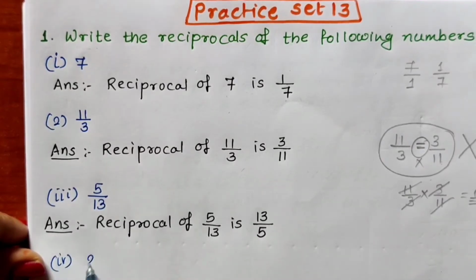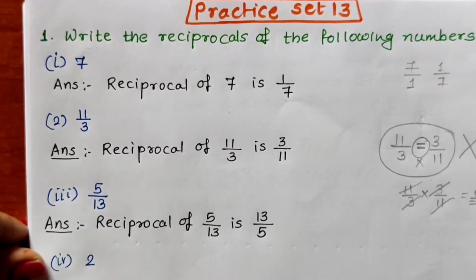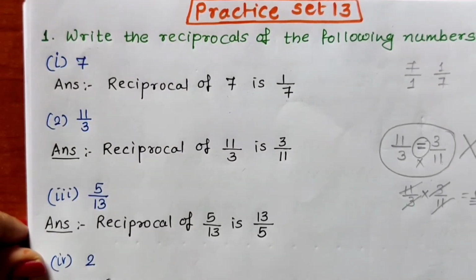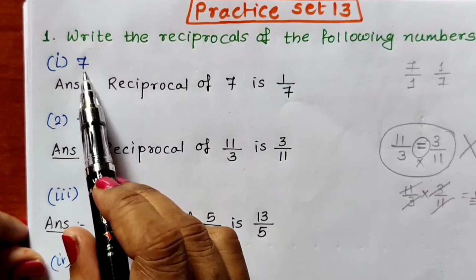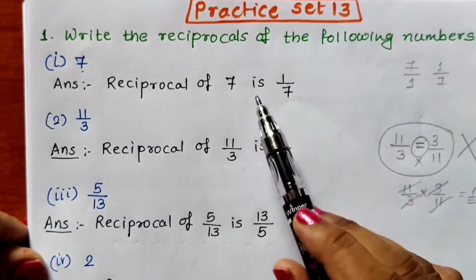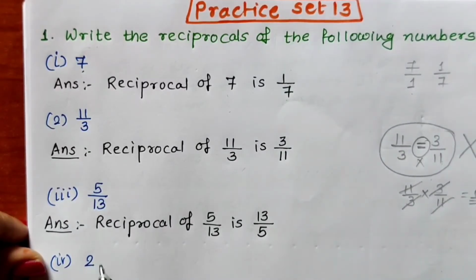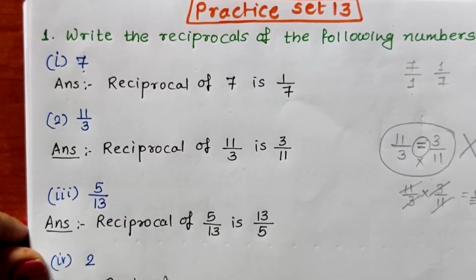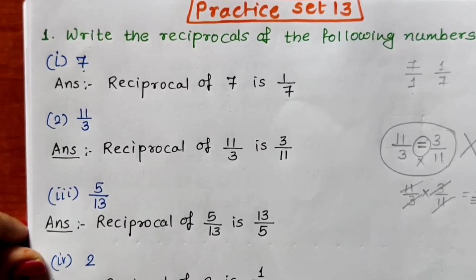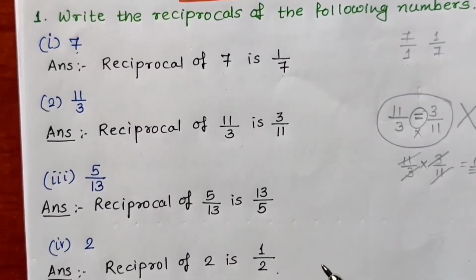The fourth number given is 2. So what will be the answer? Like here the number is 7, 7 means we have taken 7 upon 1 and its reciprocal becomes 1 upon 7. Similarly, 2 means 2 upon 1, so the reciprocal of 2 is 1 upon 2. So in this way we can write all these answers.